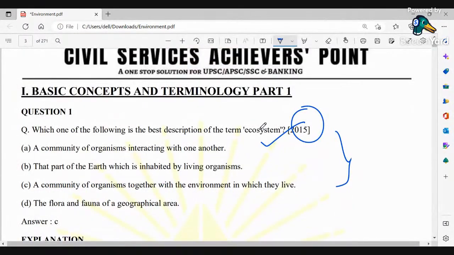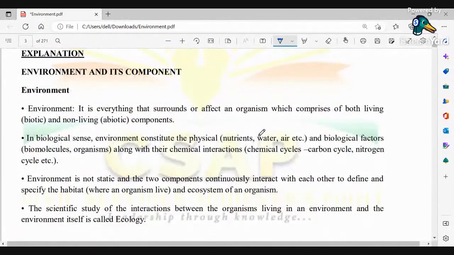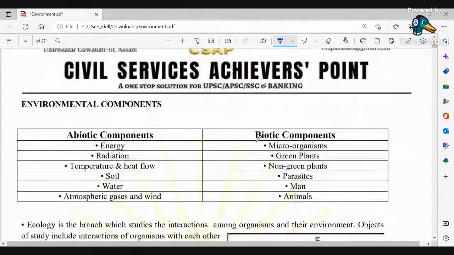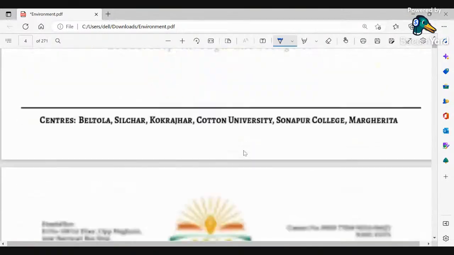So here the correct option is C. That is, a community of organisms together with the environment in which they live is the correct explanation of the term ecosystem. Okay, so we have definitions of all environment and its respective elements, be it biotic, be it abiotic. So you could study it later when you get the PDF.